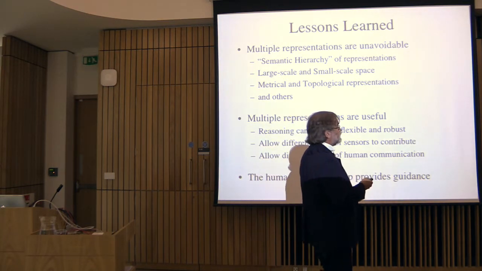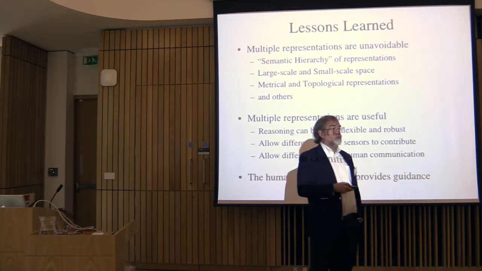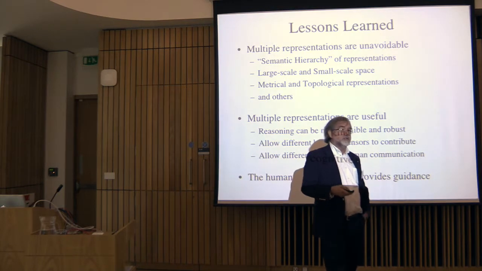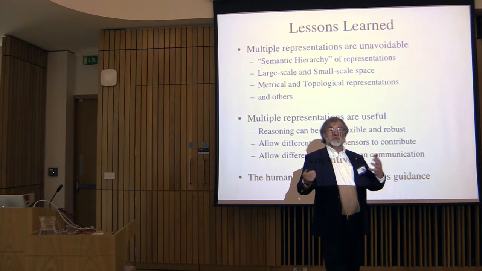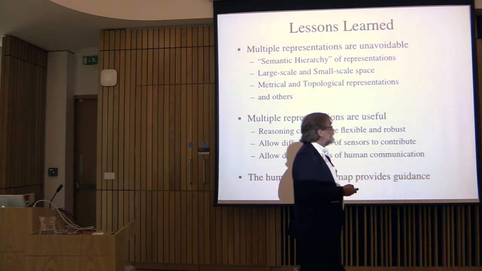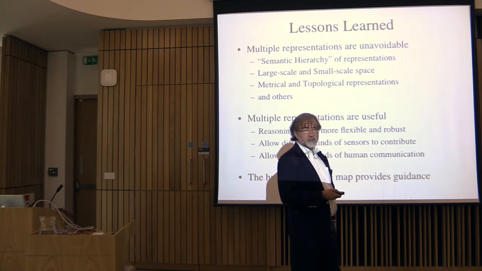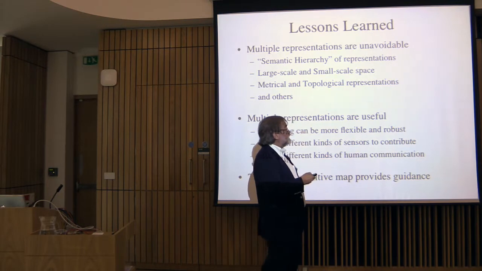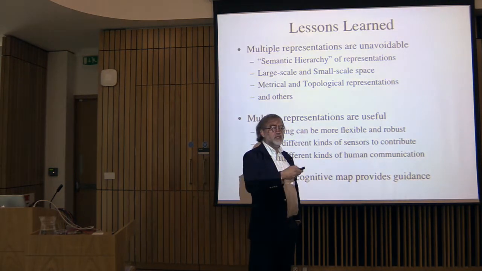The distinction between large-scale and small-scale space is important, although the hybrid spatial semantic hierarchy is called hybrid because it incorporates both small-scale and large-scale space. And the difference between metrical and topological representations is very important. So these are unavoidable, and so we really have to represent them if we want to be capable of doing the kinds of things people do.